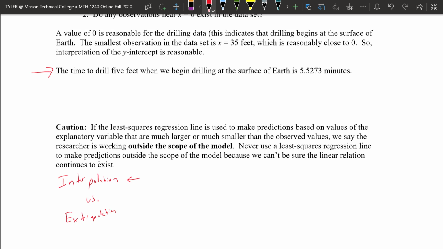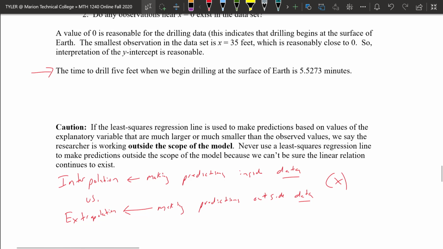Interpolation is where you're making predictions inside your data, and extrapolation is where you're making predictions outside of your data. Right, and here when I'm using the term data, I'm thinking specifically about the x values. That's what we focus on.